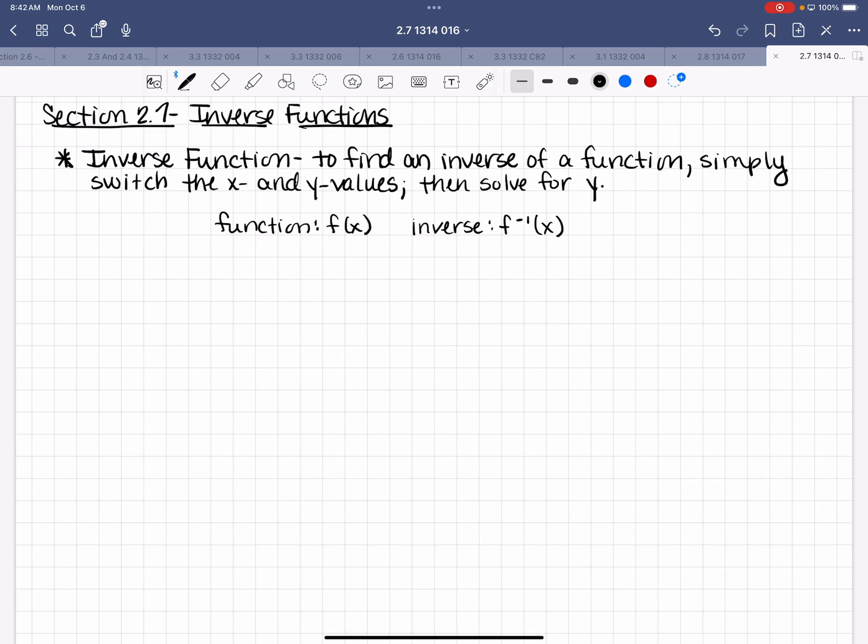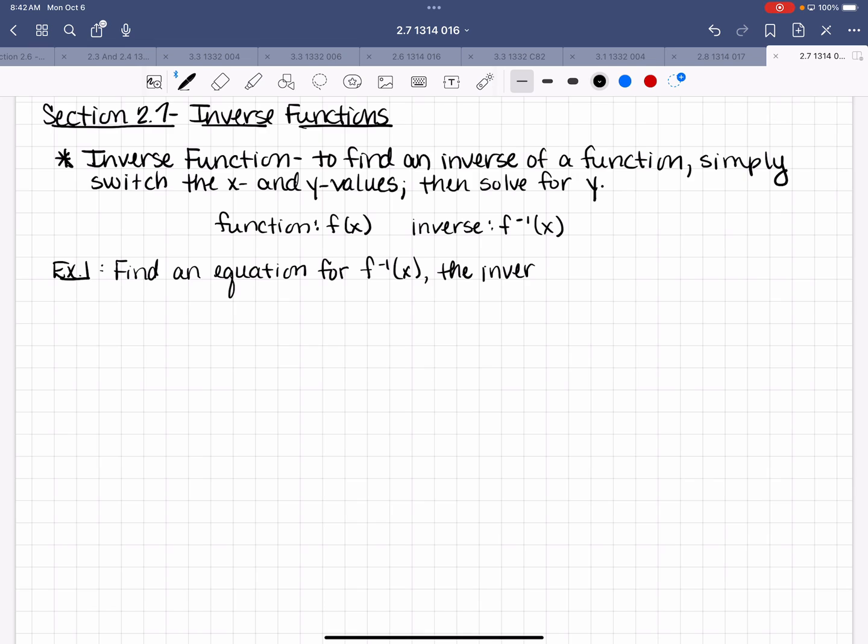Okay. Let's look at example 1. Find an equation for the inverse of f of x.